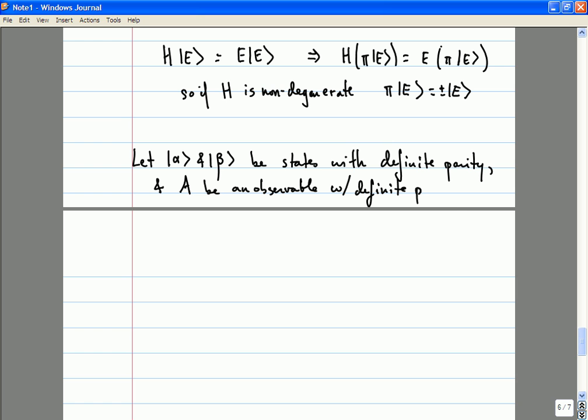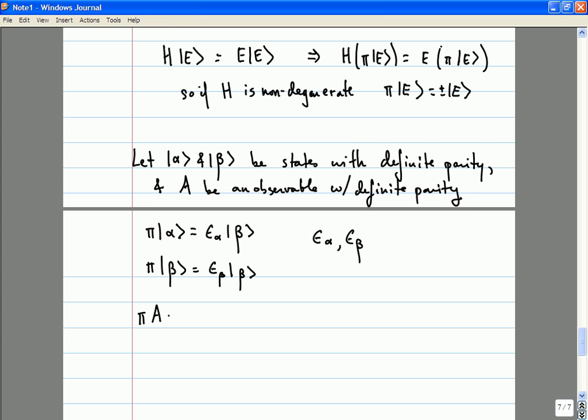Well, what I mean is that alpha and beta are parity eigenstates, so that if you act on them with the parity operator, you'll just get a number that I'll call epsilon sub alpha and epsilon sub beta, and also that if you act with parity on the operator A, you'll also get just a number times A that I'll call epsilon A, where all of these numbers are just plus or minus 1.